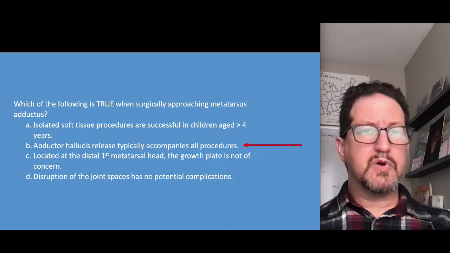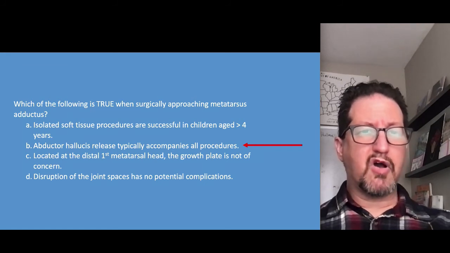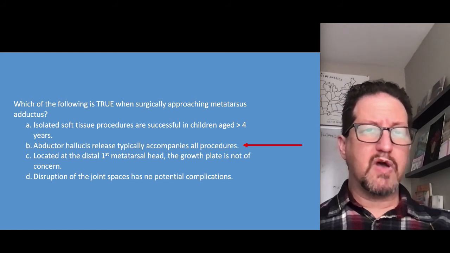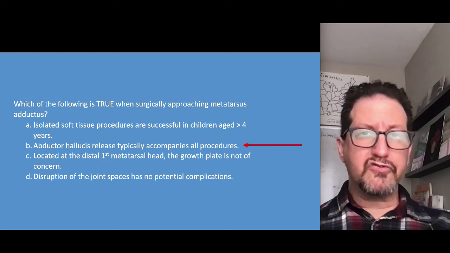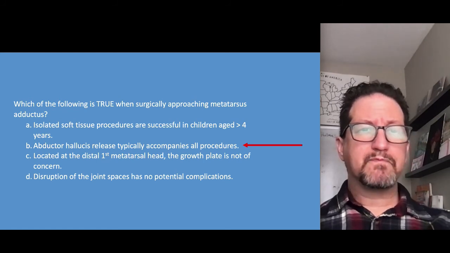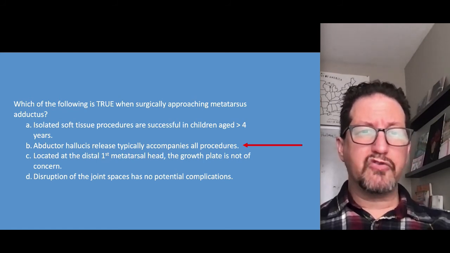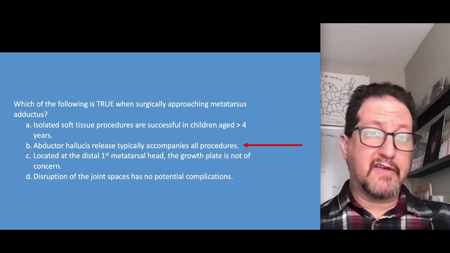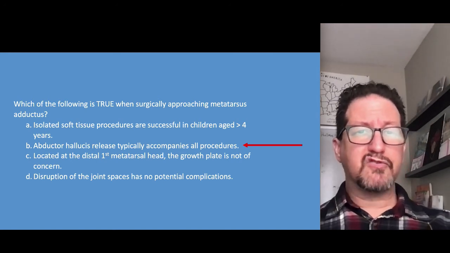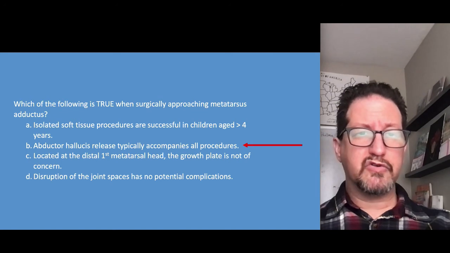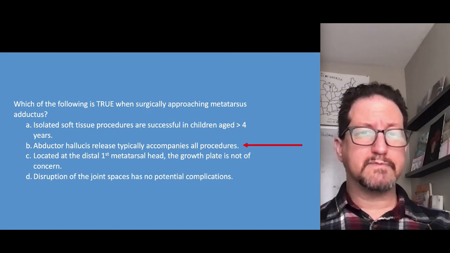This is true. In many cases, because the foot is adducted, whether it was due to an abductor hallucis being tight or something else that caused the metatarsus adductus, the abductor hallucis is going to be contracted because it hasn't been stretched. So that is oftentimes required in order to help straighten the foot back out.